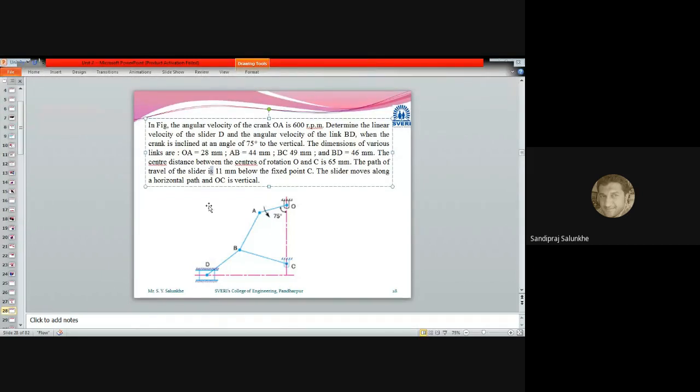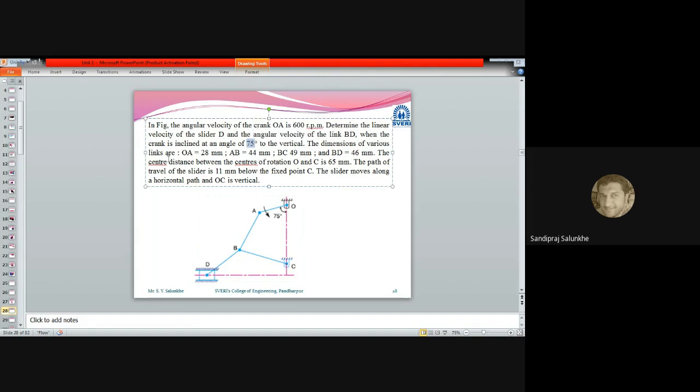In the figure, the angular velocity of crank OA is 600 rpm. Determine the linear velocity of slider D and angular velocity of link BD when the crank is inclined at an angle of 75 degrees to the vertical line.